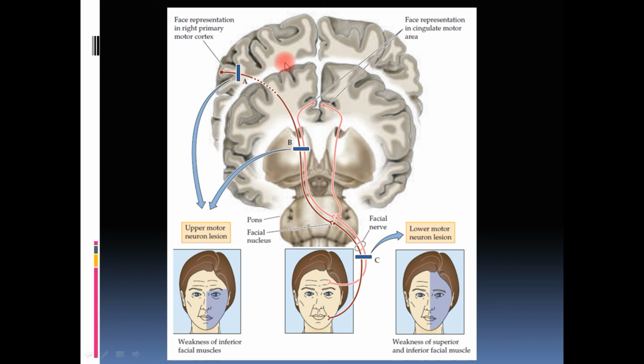An upper motor neuron lesion causes one type of manifestation and a lower motor neuron lesion causes another. In an upper motor neuron lesion, only the lower part of the face is affected, and the weakness is in the lower part of the face only, whereas in lower motor neuron lesions the weakness is in the whole half of the face, the upper part as well as the lower part.